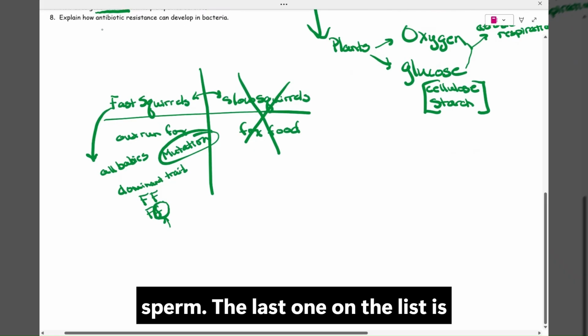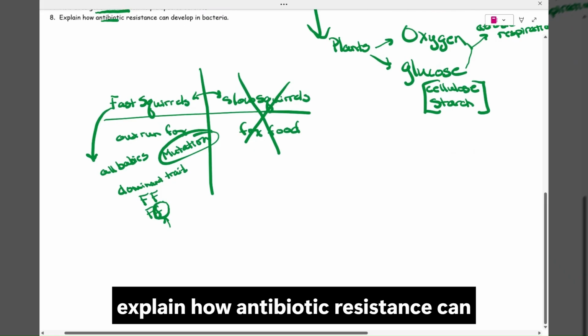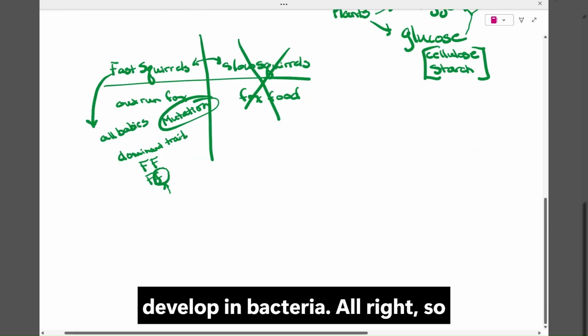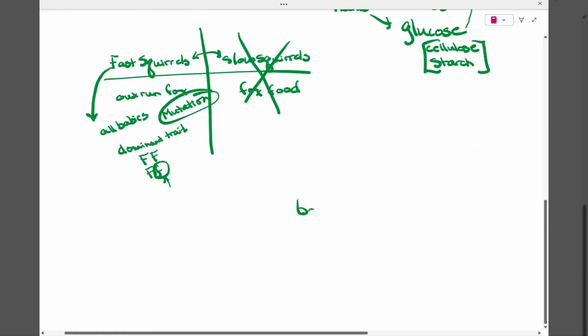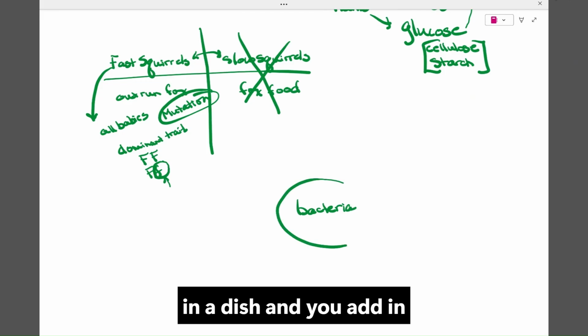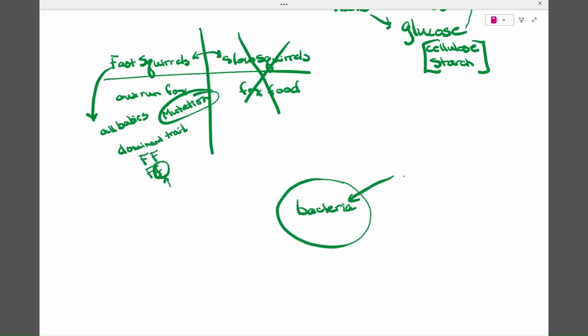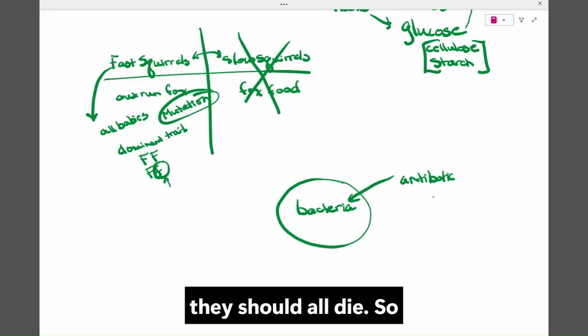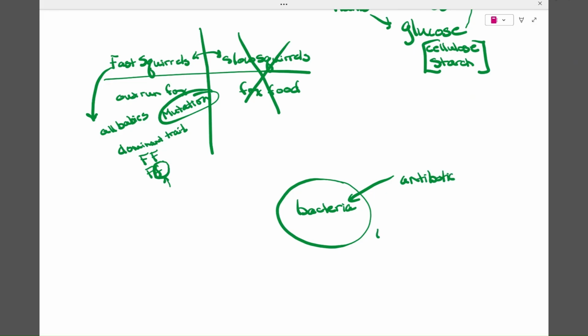The last one on the list is explain how antibiotic resistance can develop in bacteria. All right, so typically, if you have bacteria in a dish and you add in antibiotics, they should all die. So 100% should die, right?